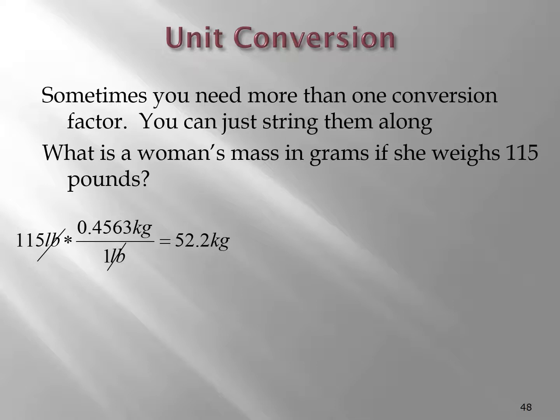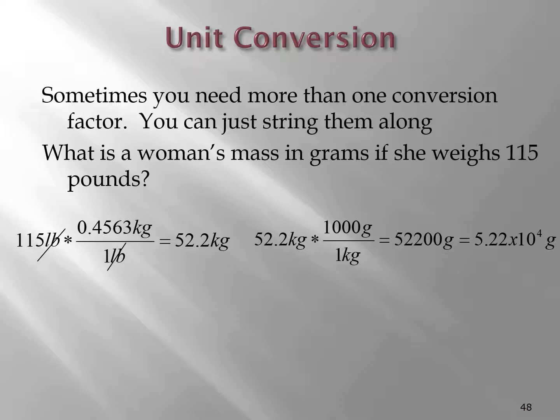The question is asking for a woman's mass in grams. So now we can take that answer and convert it to grams by using a conversion factor between grams and kilograms. It turns out that there are 1,000 grams in a kilogram. So if we take 52.2 times 1,000 divided by 1, we get 52,200 grams, or to three significant figures, 5.22 times 10 to the fourth grams.